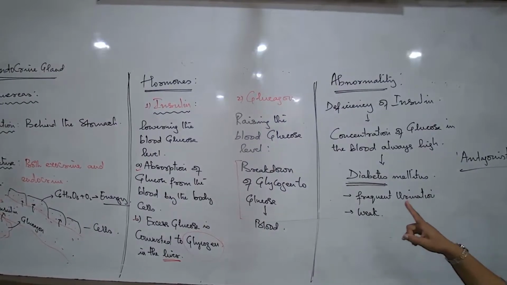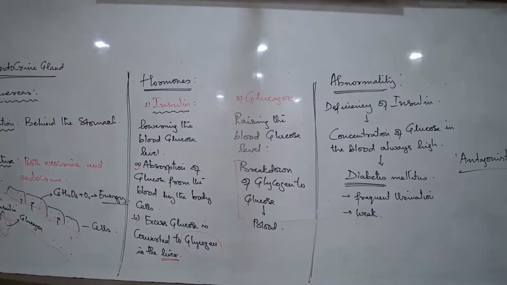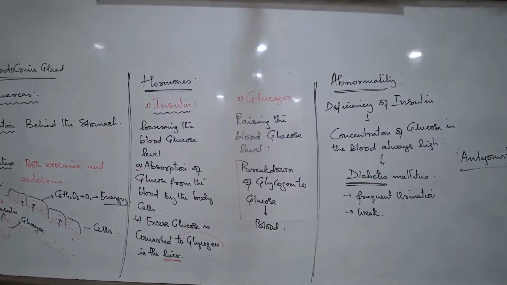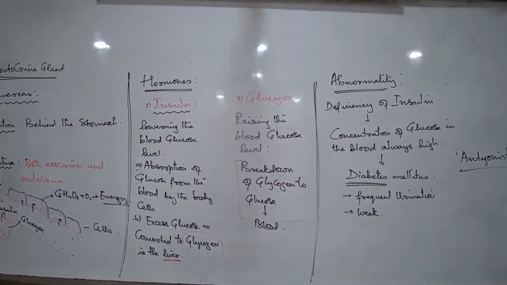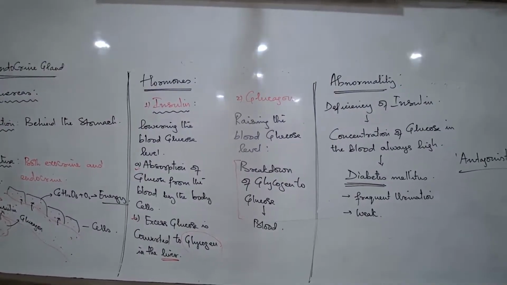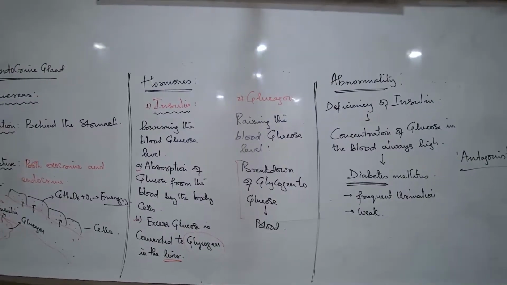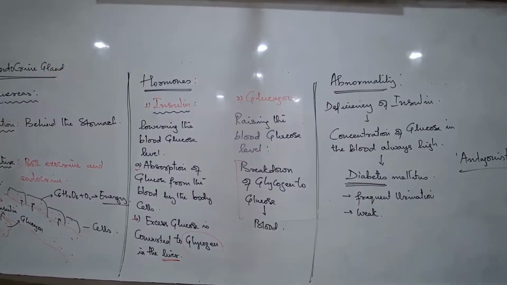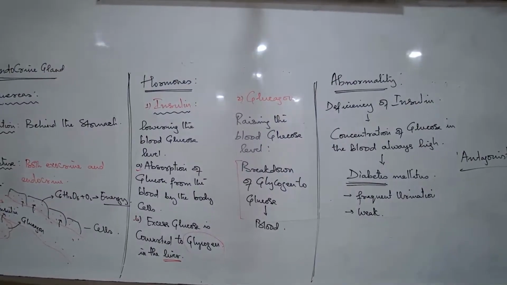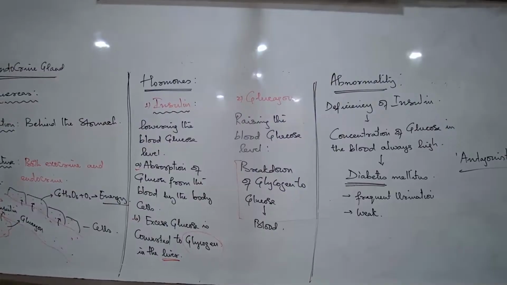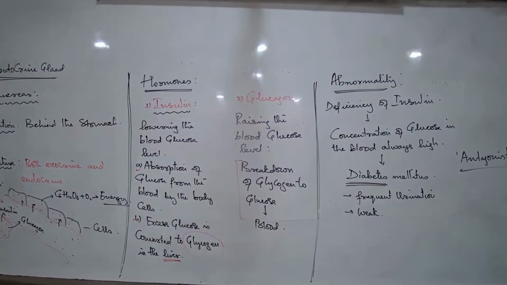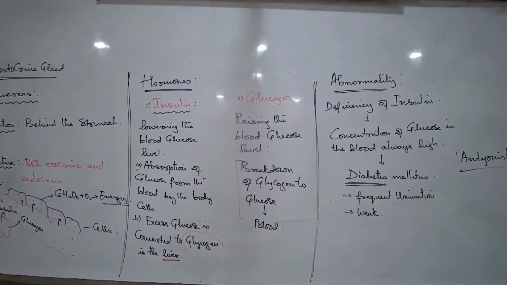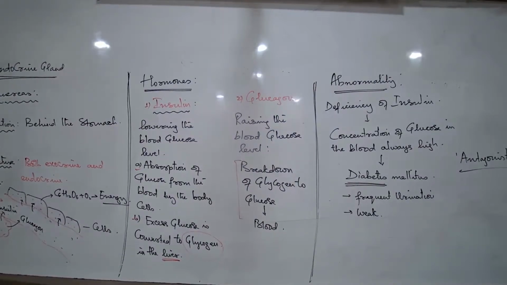Your answer should be like this: glucagon is a hormone which raises up the blood glucose level. What is glycogen? It is the stored form of excess glucose in the liver. This question also comes: differentiate between glucagon and glycogen and their functions.